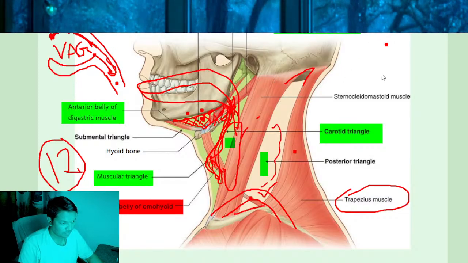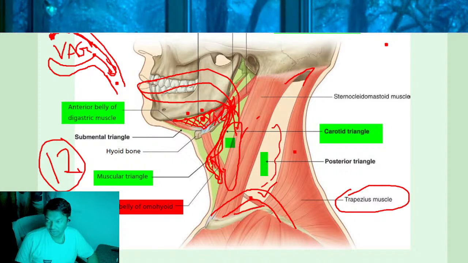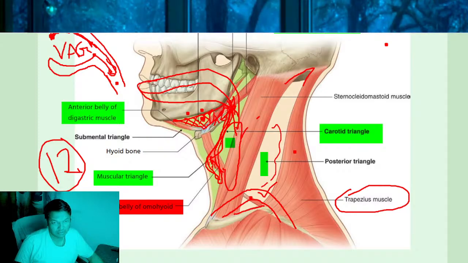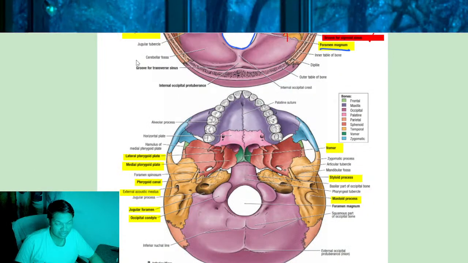Something happened on my screen. I think we can conclude here today. Mainly you focus on the skull, foramina, their contents, and then up to the anterior triangle of the neck.